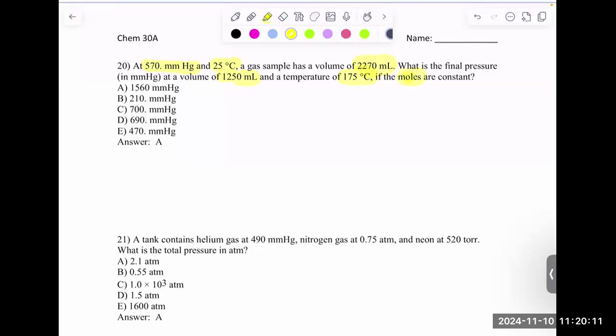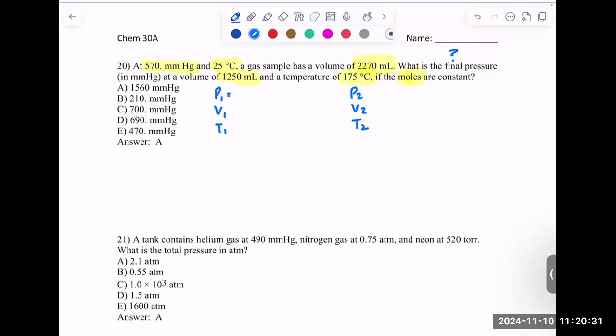So let's write down everything that is given to us. We need to find the final pressure. So we are given P1, V1, T1, and P2, V2, and T2.